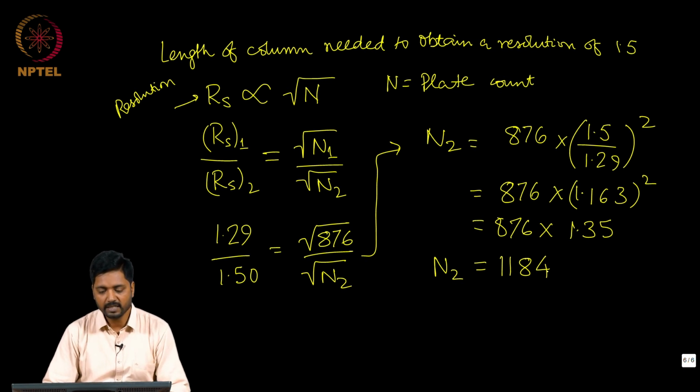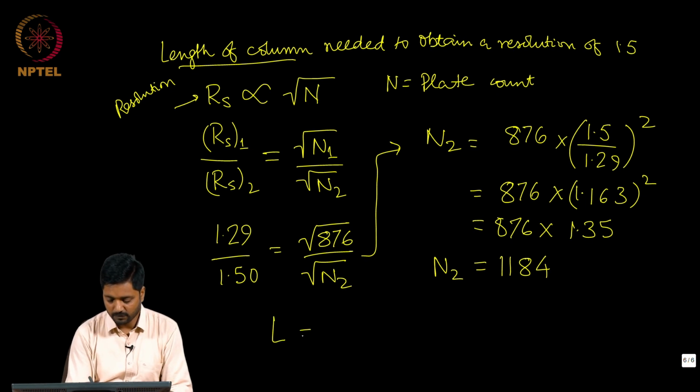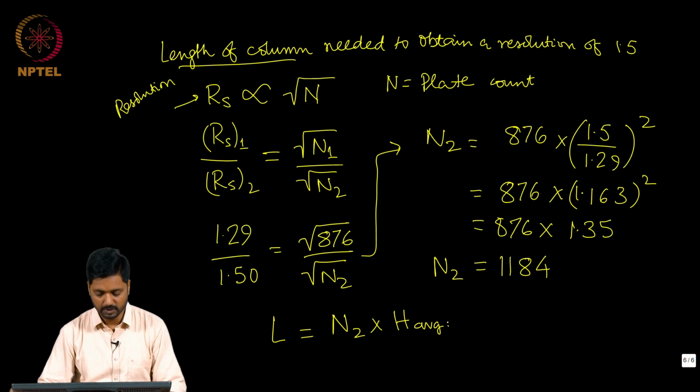So, what is the length of the column that will be needed? Length will be nothing but N2 into the average height of the theoretical plate. So, we calculate that. Length of the column is N2 into H average.